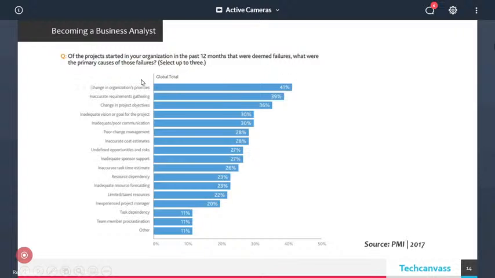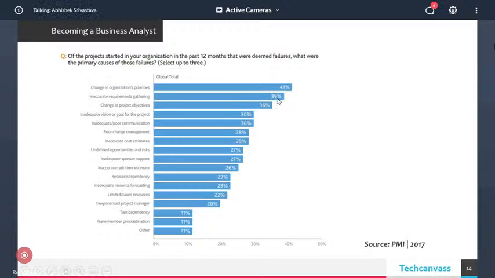If you look at the data as to what the top reasons are for projects getting delayed or cancelled, in the top three or four you see one of these reasons, which is the second one, inaccurate requirements gathering.